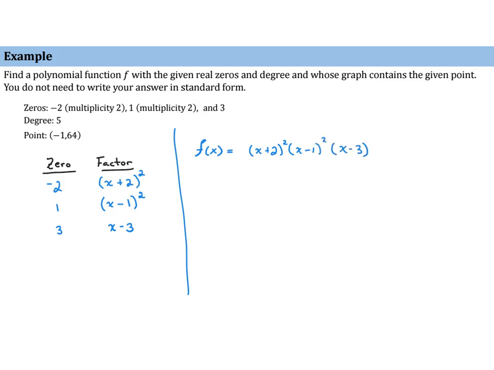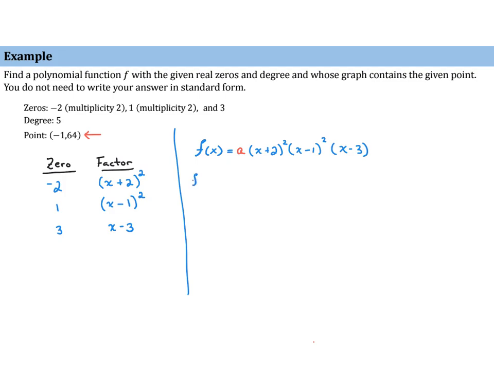But notice we have this additional stipulation of negative 1 comma 64 being on the graph. We've already taken care of the degree because x squared times x would be x to the 5th. So the degree is fine. I can multiply this whole function by a, and it will not change any of those x-intercepts or zeros. But now we need to find the a that will guarantee that negative 1 comma 64 is on the graph.